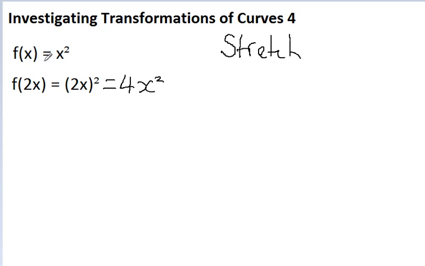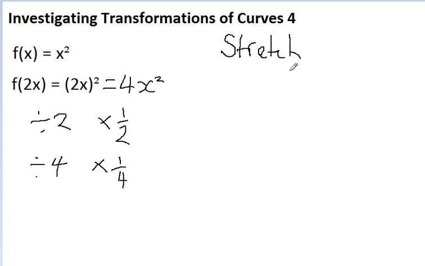To go from here to here, what actually happened? Well, the x part of the coordinate was divided by 2. But if you know anything about maths, you'll know that that's actually the same as multiplying by a half. And when we saw dividing by 4, that's in fact the same as multiplying by a quarter.